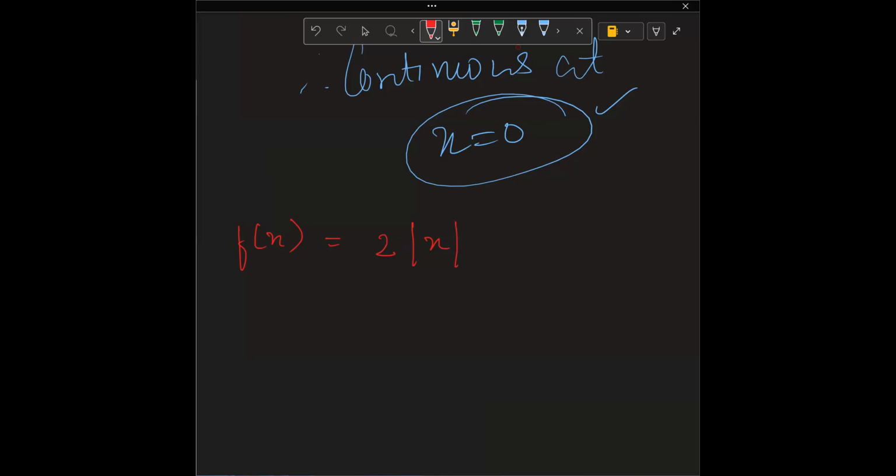The function value is 2 mod x, and you have to check the continuity at x is equals to 0. Okay, so use the same concept and tell me, is this function f(x) equals to 2 mod x continuous at x equals to 0 or not? Okay. And do this quickly. Okay.